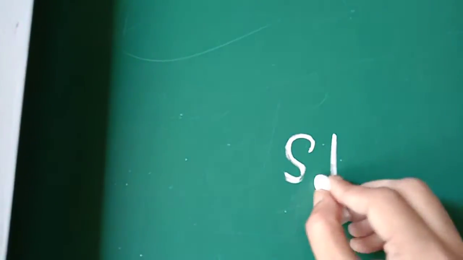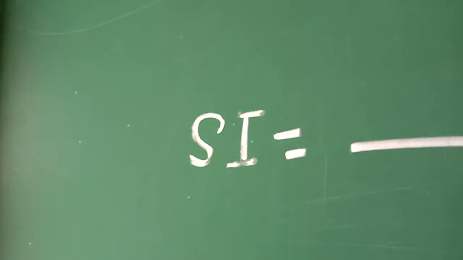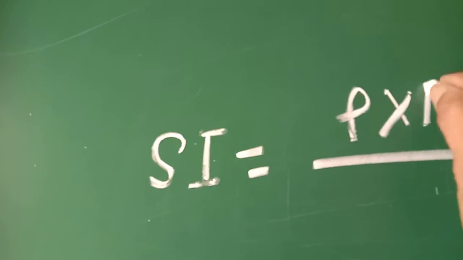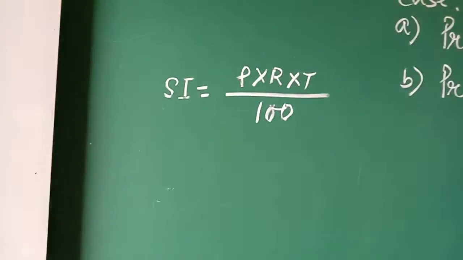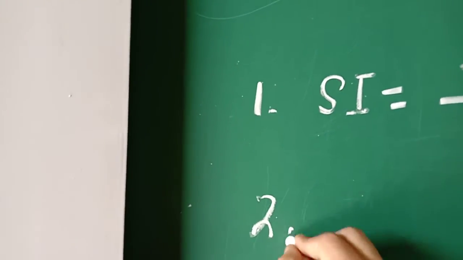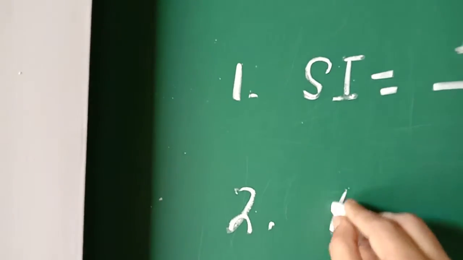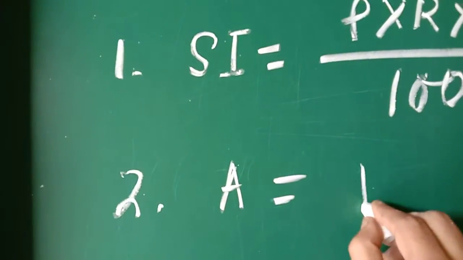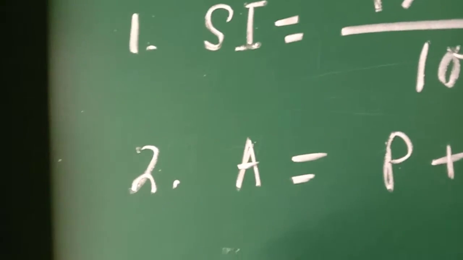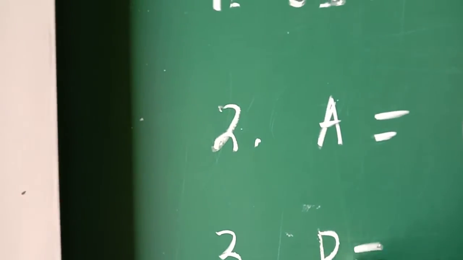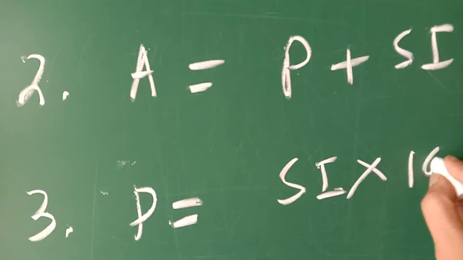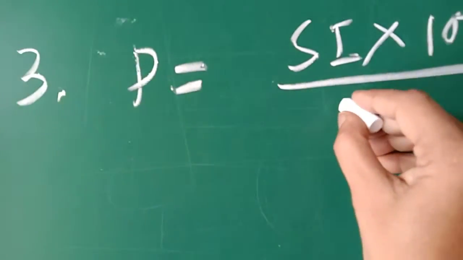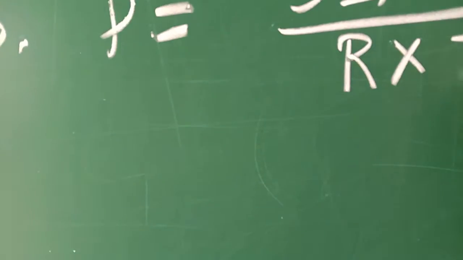So when you are finding just the interest, then SI is equal to principal into rate into time by 100. Number 2, when you are finding amount, then principal plus SI. Number 3, when you have to find the principal, then multiply simple interest with 100 by rate into time.